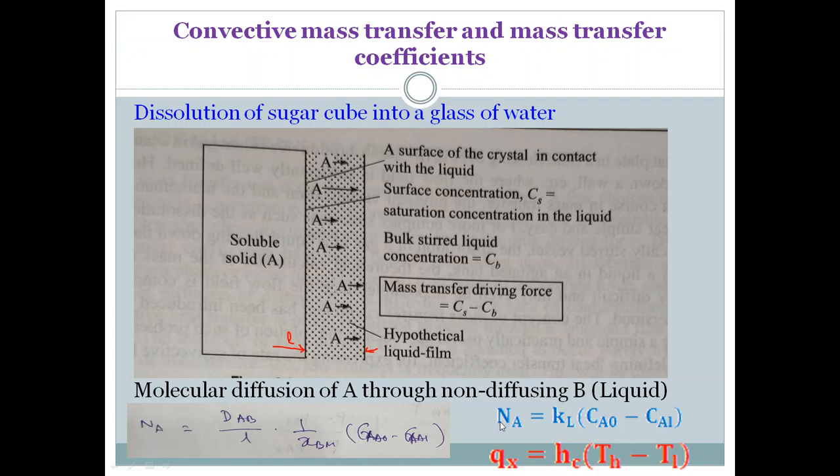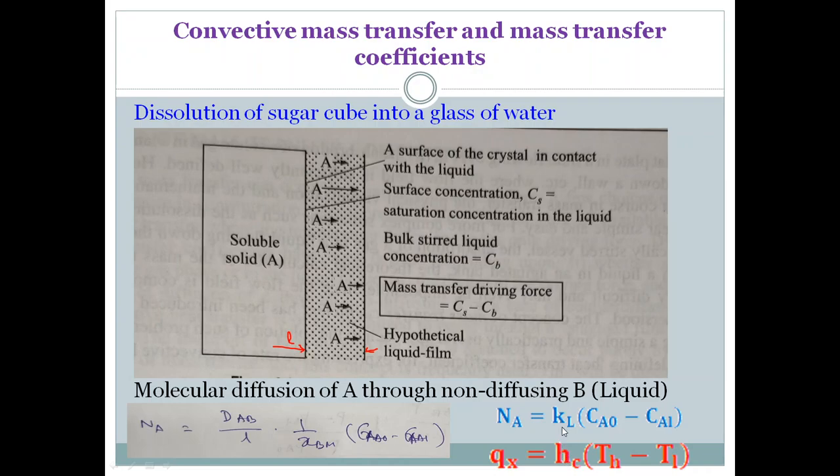That's why in convective mass transfer the mass transfer flux is very high, and the corresponding coefficient is called the mass transfer coefficient, very much similar to your heat transfer coefficient.